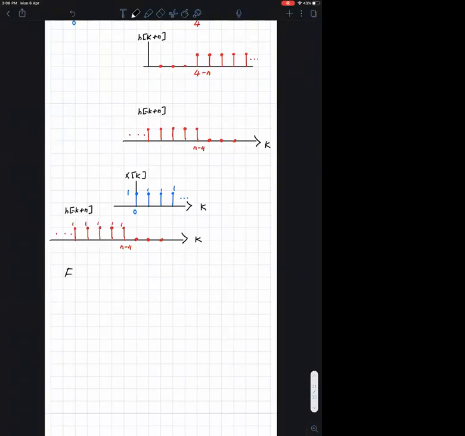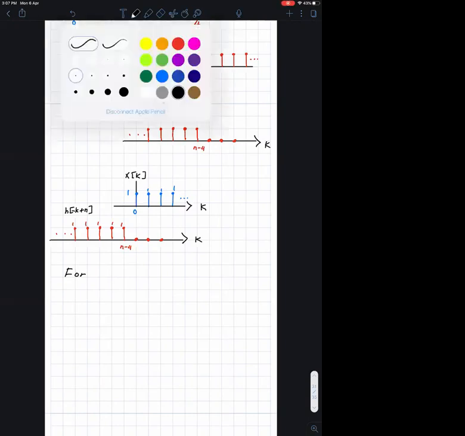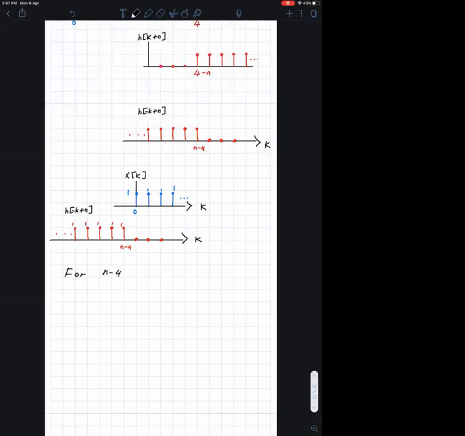For n minus 4 less than 0, there's no overlap.